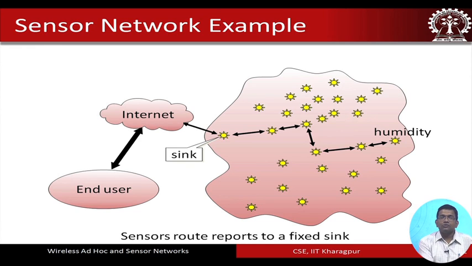This is a common, typical scenario of deployment of sensor networks. What we see over here is a source node, and through this multi-hop path, the data is sent to the sink node. So, the routing issue is how do we know which path the sensed data is to be sent through.